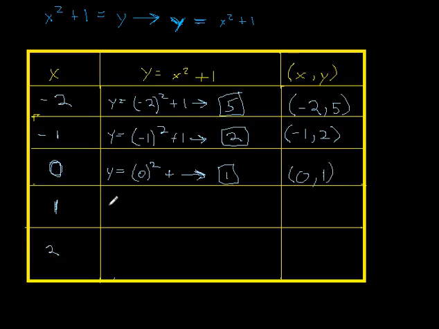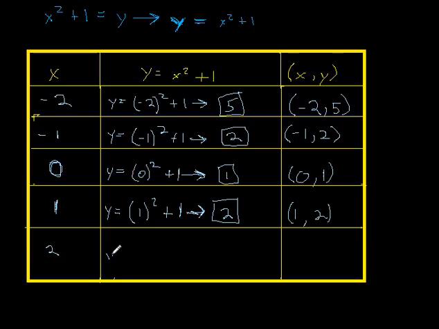The next one says y equals, substitute 1 in for the x, 1 squared is 1, plus 1. I forgot to write a 1 above, so I'll do that. And that equals 2. Now you've got 1, comma, 2 for your ordered pair.